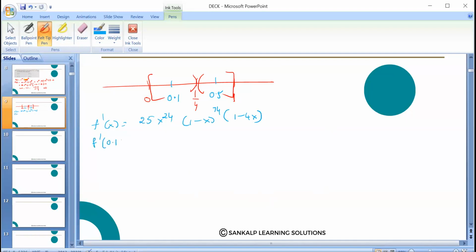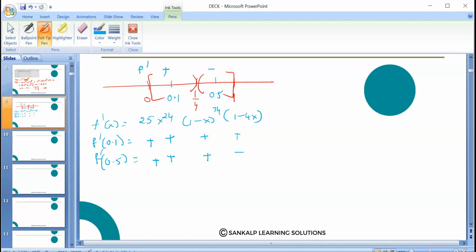If you put 0.1, 25 positive, 0.1 power 24 positive, 1 minus 0.1 power 74 positive, 1 minus 0.4 positive. So f dash is positive. If you put 0.5, 25 positive, 0.5 power 24 is positive, 1 minus 0.5 is positive, 1 minus 2 negative.